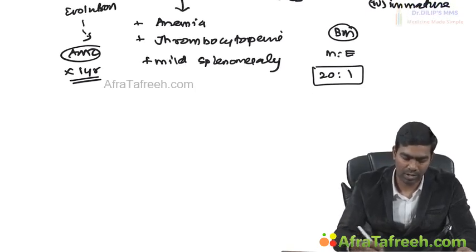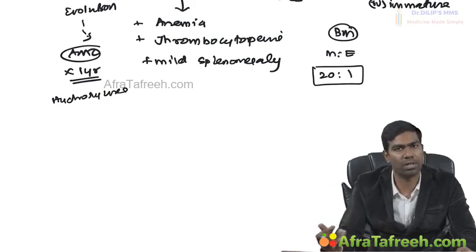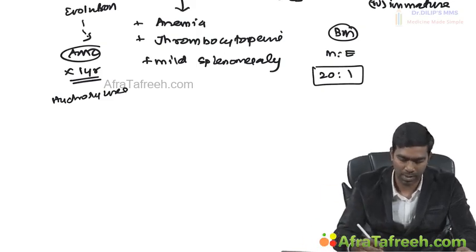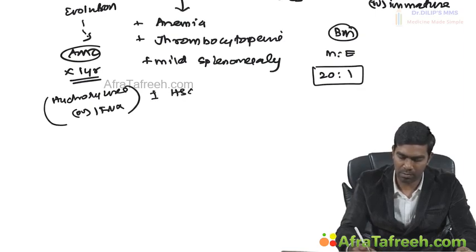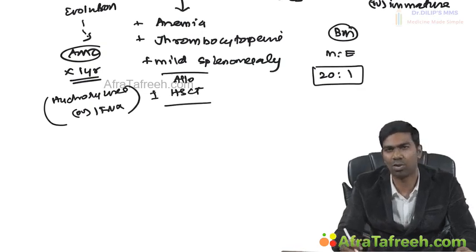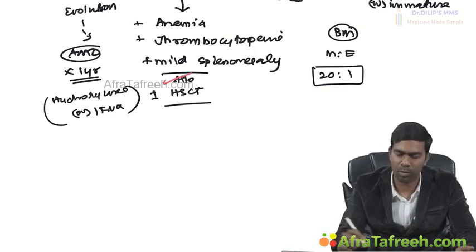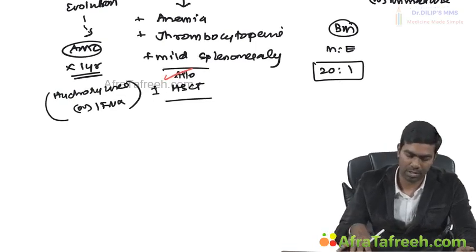You can try giving hydroxyurea initially. When blastic phase means AML, you have to treat it like that. Hydroxyurea will not work at that time. Hydroxyurea you can use, or you can use interferon alpha in selected cases. Plus or minus you can go for allogeneic hematopoietic stem cell transplant because of the clonal stem cell. You cannot use an autologous stem cell transplant. You have to do an allogeneic hematopoietic stem cell transplant.